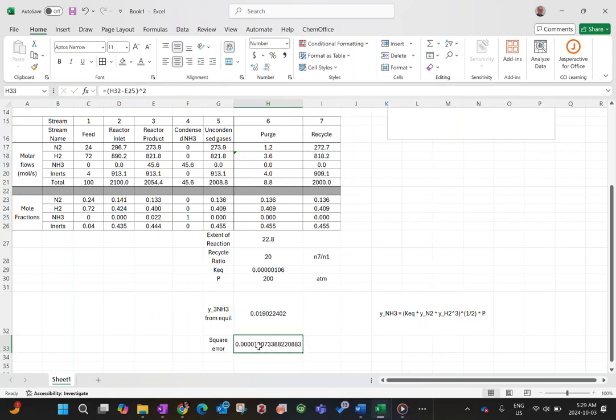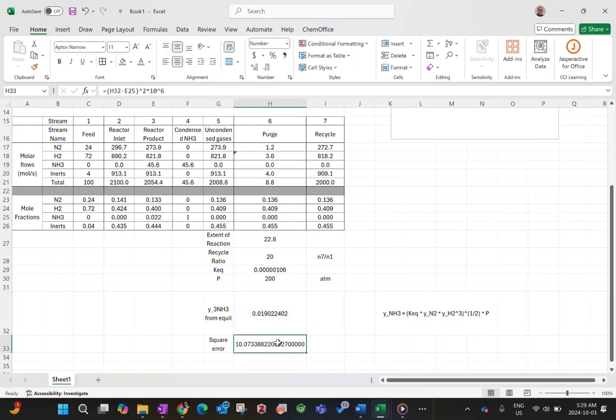That's one way I could do it. Let me multiply this by, let's say, 1,000,000, just so we have something that we're going to try and minimize, and it doesn't already look so small.